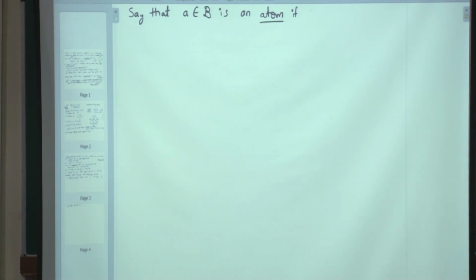A is an atom if A is not equal to 0 and for all B less equal A, B is equal to 0 or B is equal to A. In other words, atom is a non-zero minimal element.